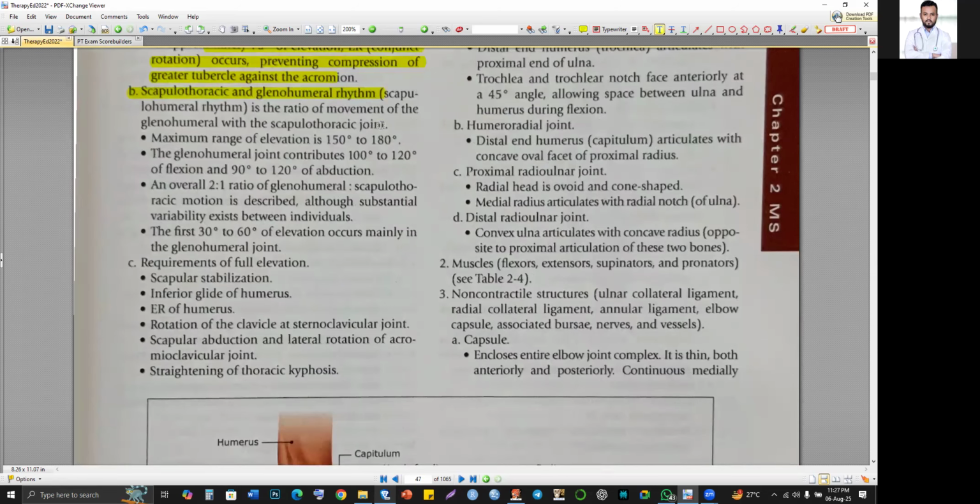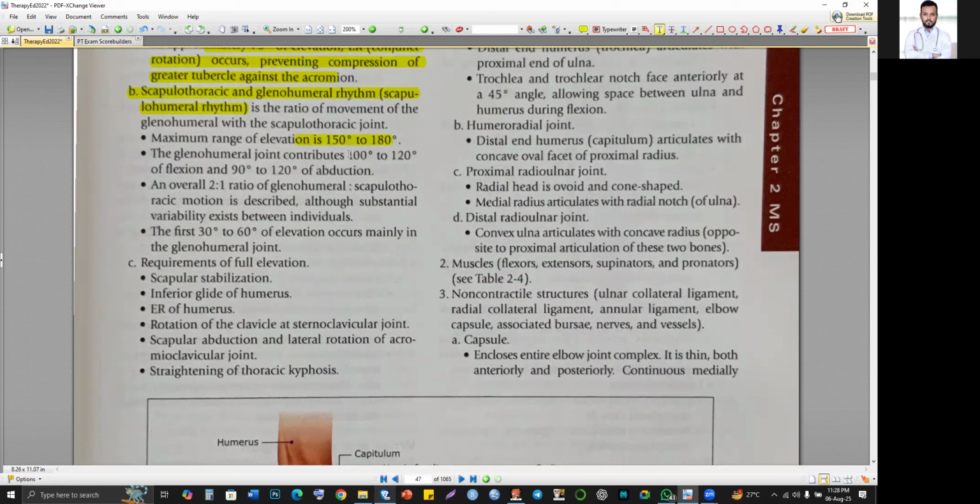This is very important for our physiotherapists to remember in clinical practice and to understand the biomechanics of the shoulder joint. So scapulohumeral rhythm is a ratio of movement of the glenohumeral with scapulothoracic joint. Maximum range is between 150 degree to 180.